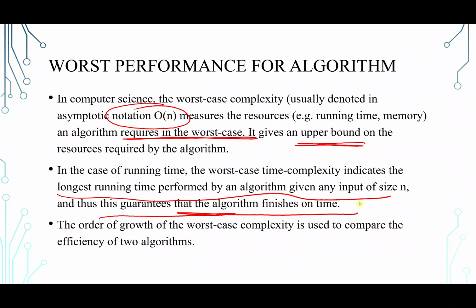The order of growth of worst case complexity for your algorithm is used to compare the efficiency of your algorithm to others, your algorithm to another person's algorithm doing exactly the same thing. Two algorithms doing the same thing: finding an element in an array.